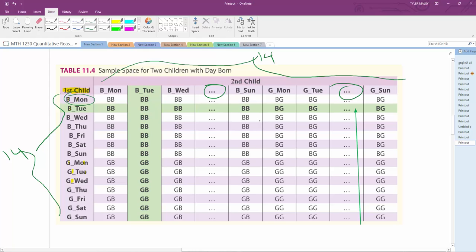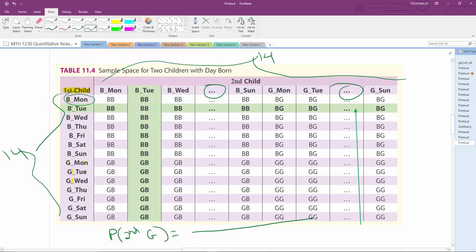So number 7 says, now compute the probability that the second is a girl. To calculate that, I need to look at how many possible outcomes there are.